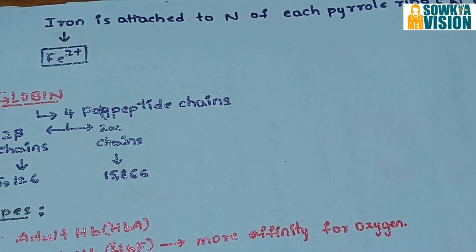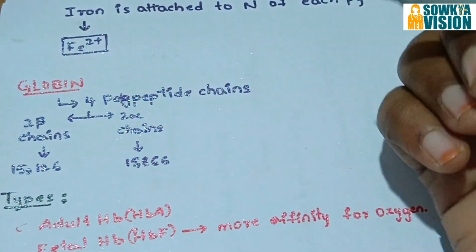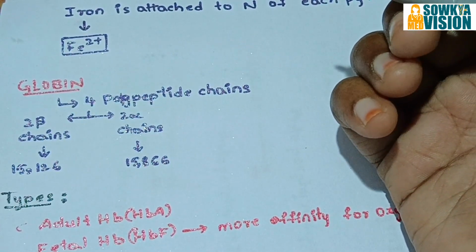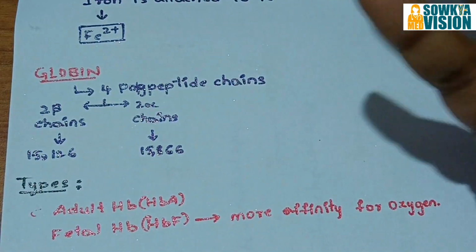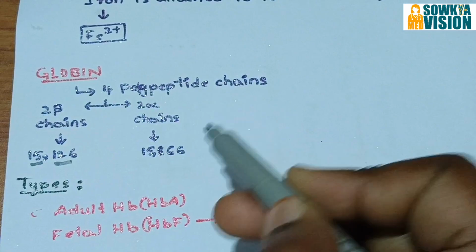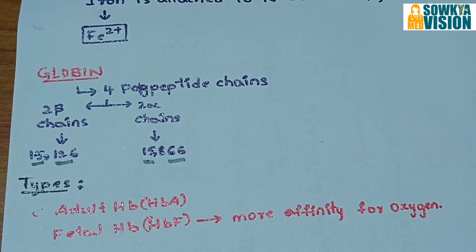So let's see how globin is present. Globin is the protein part of the hemoglobin containing 4 polypeptide chains, 2 alpha chains and 2 beta chains.